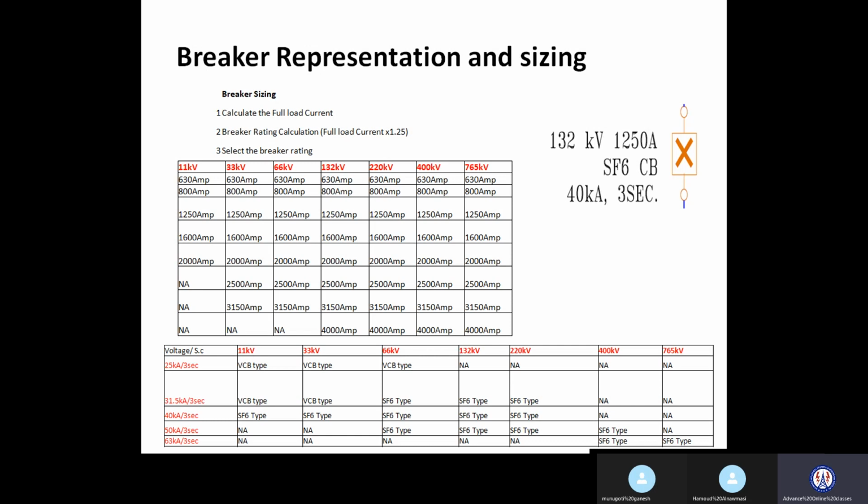Understand? In the medium voltage system we have both options, VCB and SF6, but VCB is used up to a fault current rating of 31.5 kA. If the fault current rating is more than 31.5 kA, we use SF6.